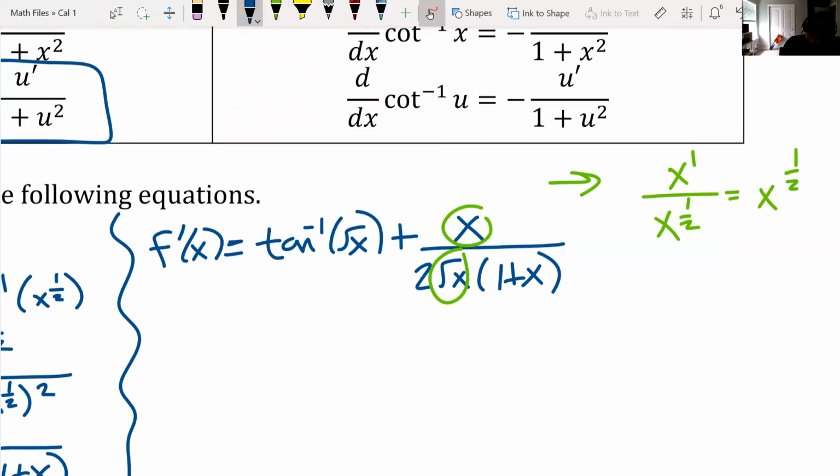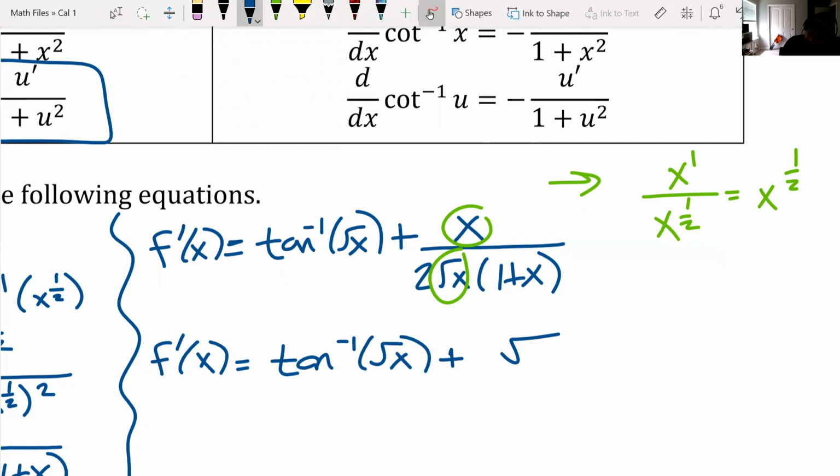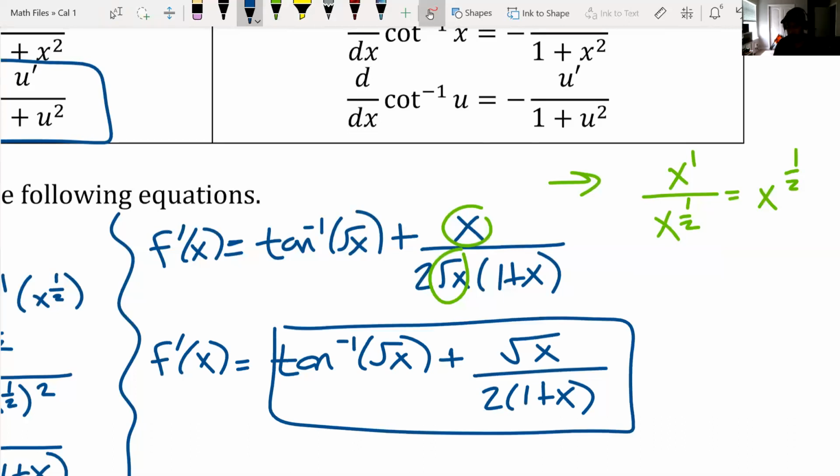So my final answer is f prime of x equals the inverse tangent of the square root of x plus the square root of x over 2 times 1 plus x in all its glory. There you go.